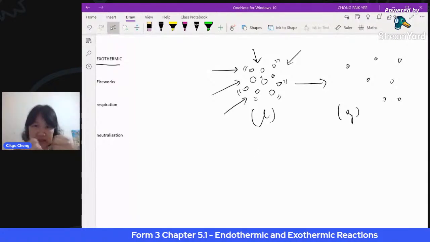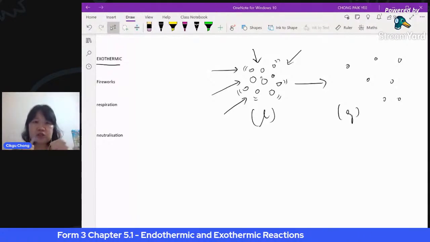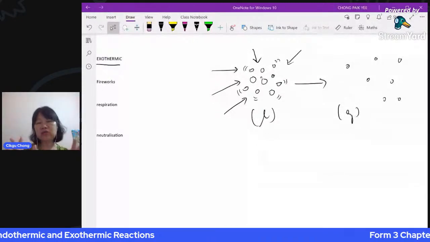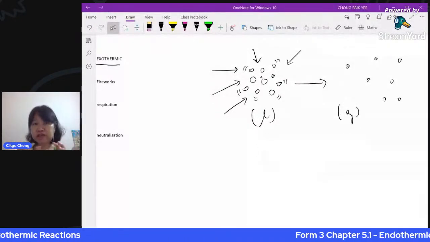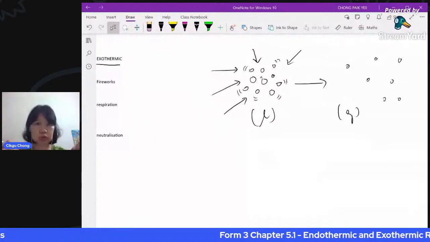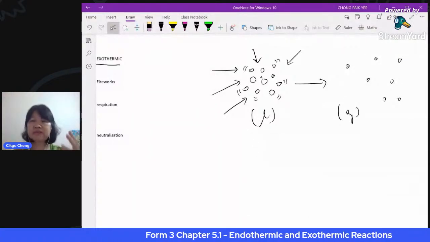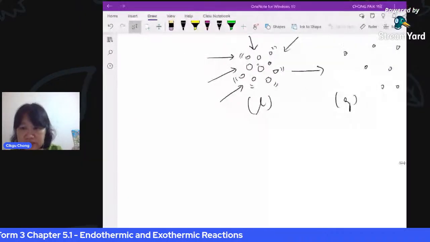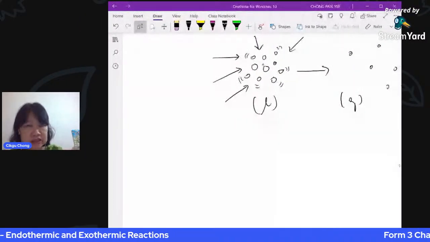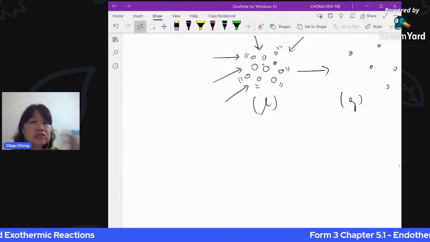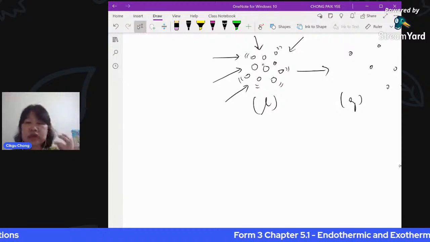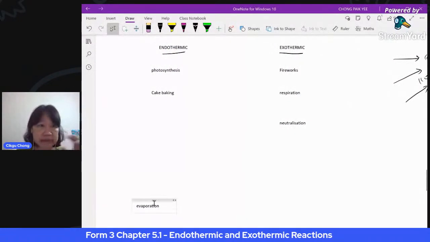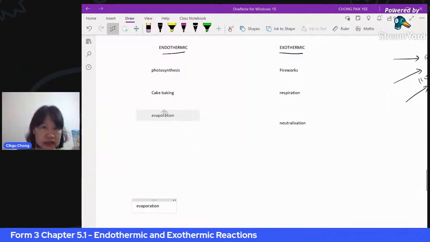Then you move faster and faster until they push away so strongly that they are able to overcome the attraction, the force between the 2 molecules. Then it becomes gas. So it's what kind of reaction? Yes, vibration has to be more vigorous, so you need to get more energy. So your evaporation is absorbing heat. So it is endothermic.